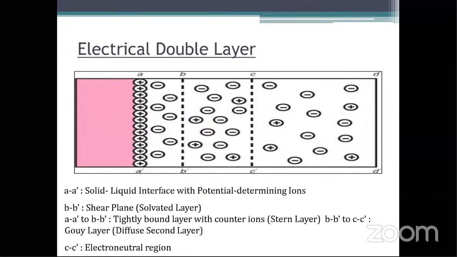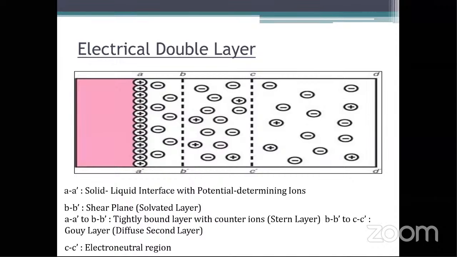The distribution of ions is unequal in different regions. In AA dash to BB dash, the number of cations is more. In BB dash to CC dash, the number of anions is more. Beyond CC dash, the distribution of cations and anions is the same. But if we consider the whole system, it is electrically neutral, although the distribution of ions is unequal in different regions.